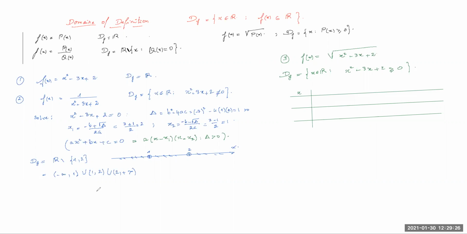My expression, I can factor it: x squared minus 3x plus 2 is equal to x minus 1 times x minus 2.